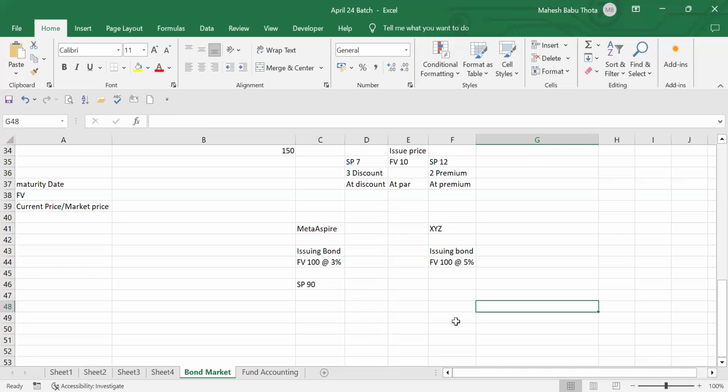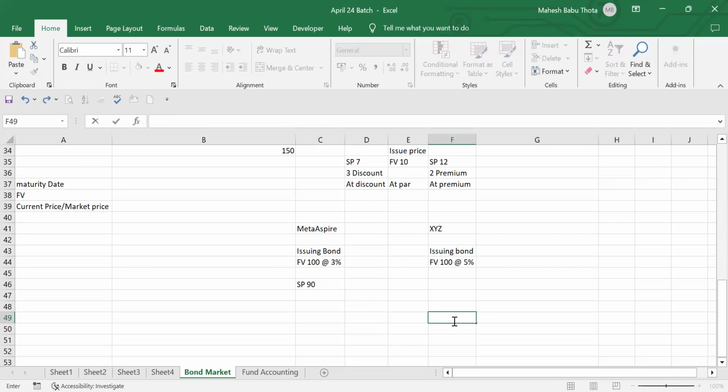Suppose, let's look at it a different way. There is another company, ABC, and after maybe one or two years, the same XYZ company is issuing another bond.